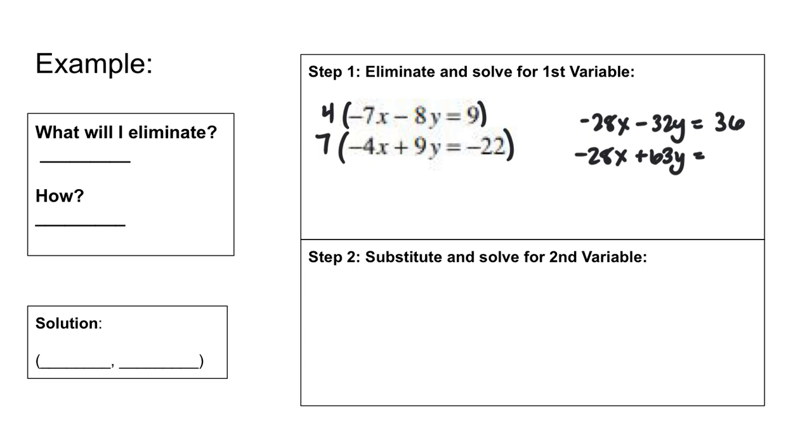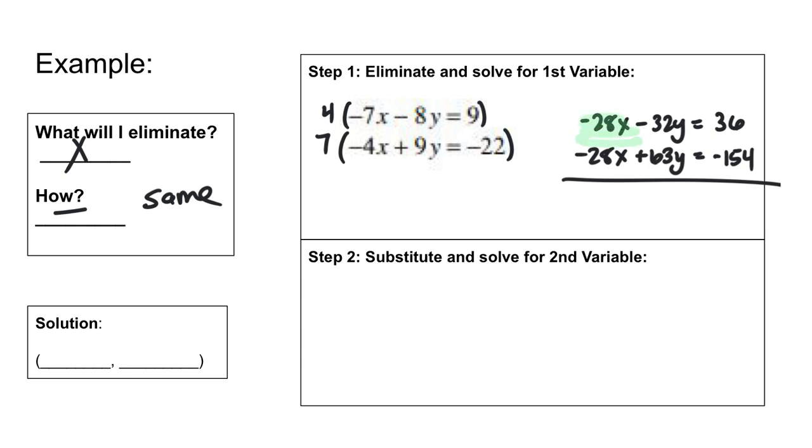and what is 22 times 7? 154. So negative 154. Now I'm ready to eliminate. So my x's match. They're exactly the same, which means I'll eliminate them through subtraction.